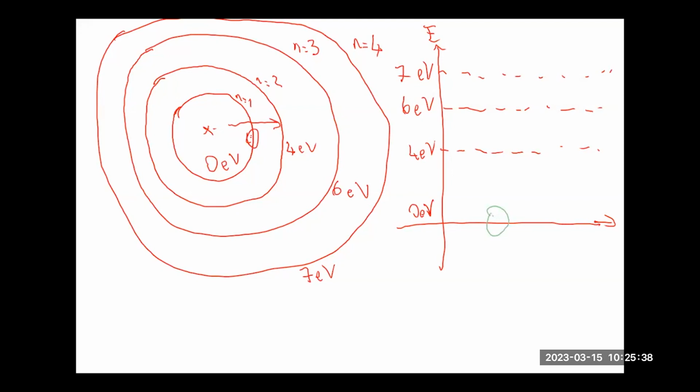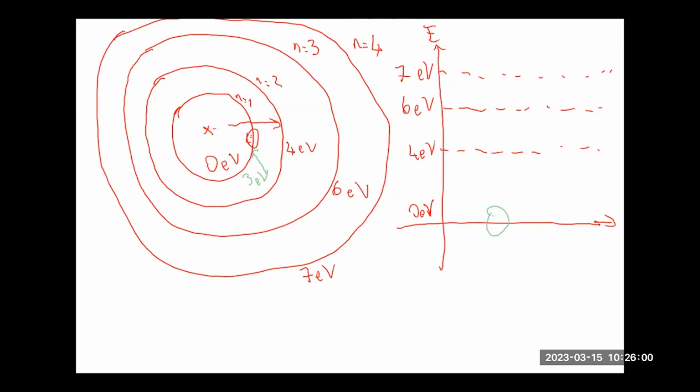Okay, Ismail, please tell me what happens if we give this electron 3 electron volts? There is no change, hocam. It will remain in the same orbital. The electron will remain at the ground energy state, right?